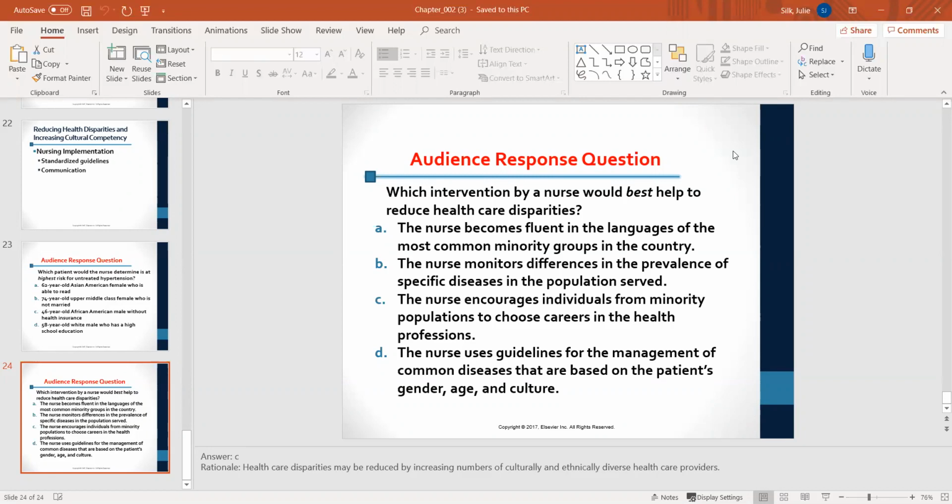So to fix that, more people of different cultures and races. So C. Yeah, so C is the correct answer.